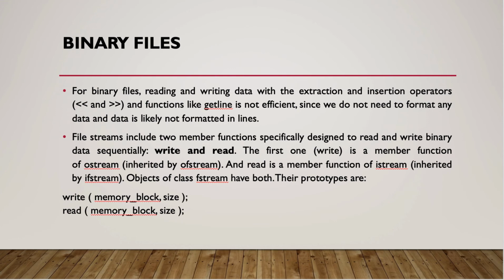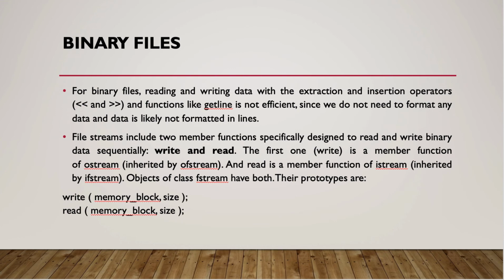So file streams include two member functions specifically designed to read and write binary data sequentially. So you have write and you have read. The first one, write, is a member function of ostream inherited by ofstream. And read is a member function of istream.